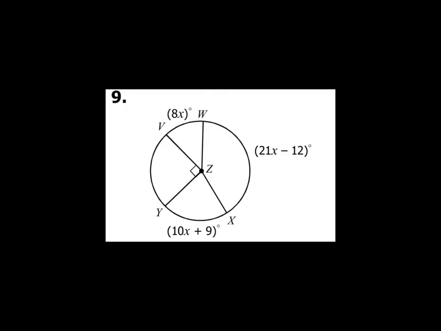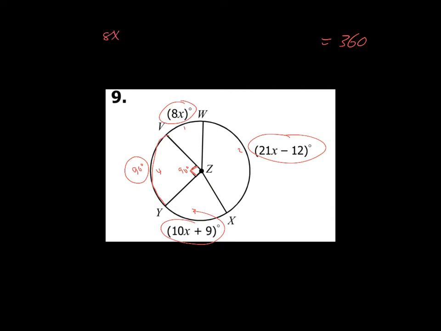Number 9 starts to get maybe a little bit more complicated, but don't be fooled, right? So let's just take a walk through it slowly. First thing that catches my eye is that this is 90 degrees, which makes the arc VY 90 degrees. Anything else that we know? I don't see any vertical angles, but I know that there are 4 arcs, and all of the arc measures equal 360 degrees.